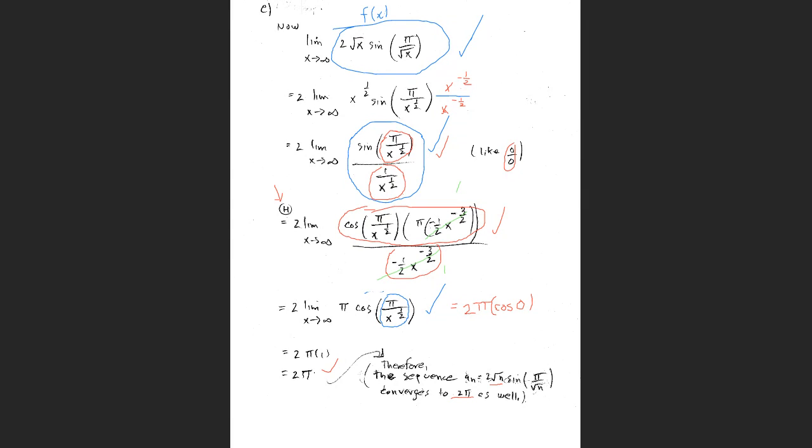If the limit of the function equals 2 pi, the limit of the sequence will naturally equal 2 pi as well. And you see, WebAssign would want you to type in 2 pi. That's what it would want.